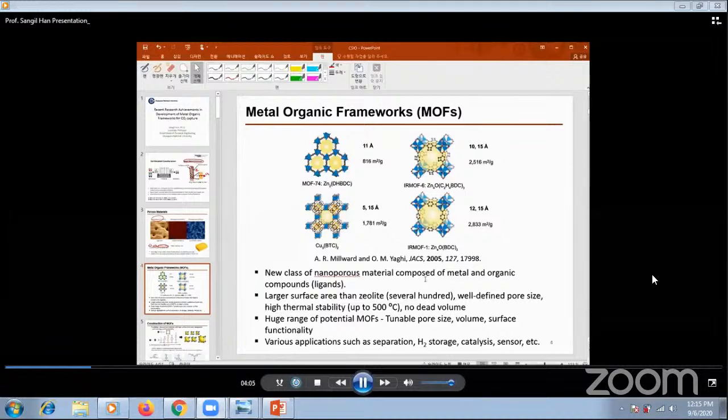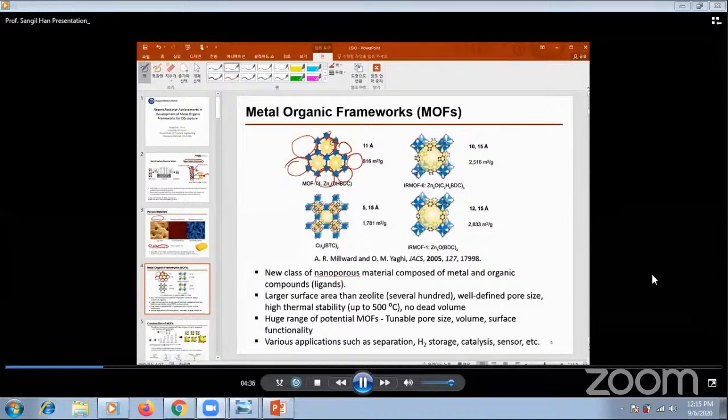If you see this picture, the blue is a metal, and this metal is connected by the organic linkers. For each MOF, the internal structure is different, and this internal structure is continuous through the material.